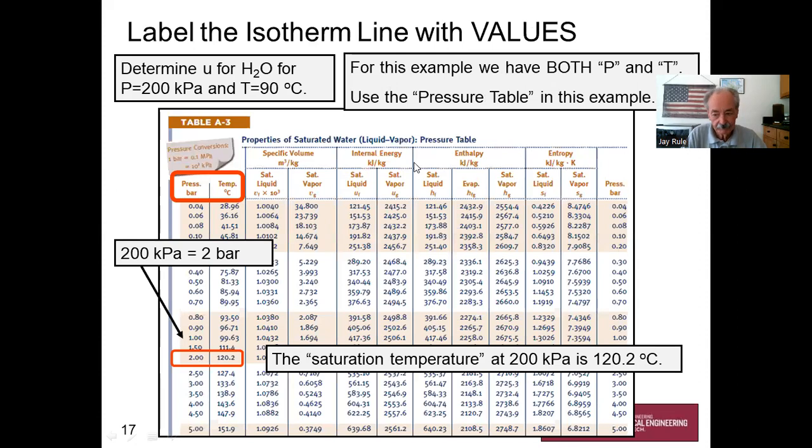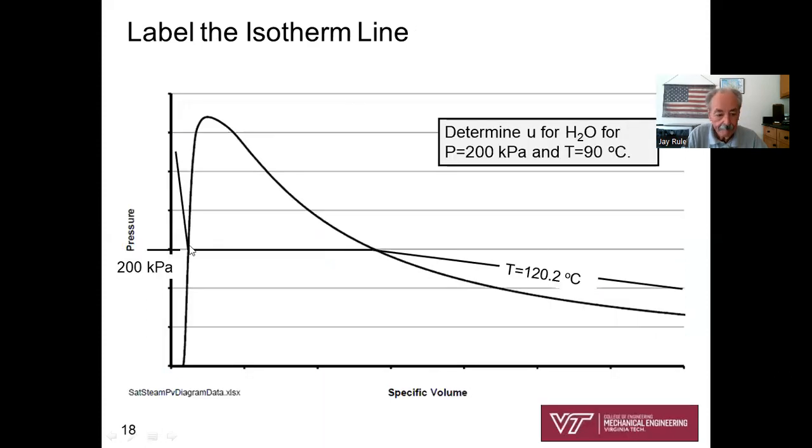I find it's easiest to use the pressure table. So let's go to our pressure table. Here, 200 kPa is 2 bar. What's the boiling point? 120.2. We'll label that on our PV diagram isotherm. We're at 200 kPa pressure, and at 120.2 degrees C. On this isotherm line, all temperatures are 120.2.